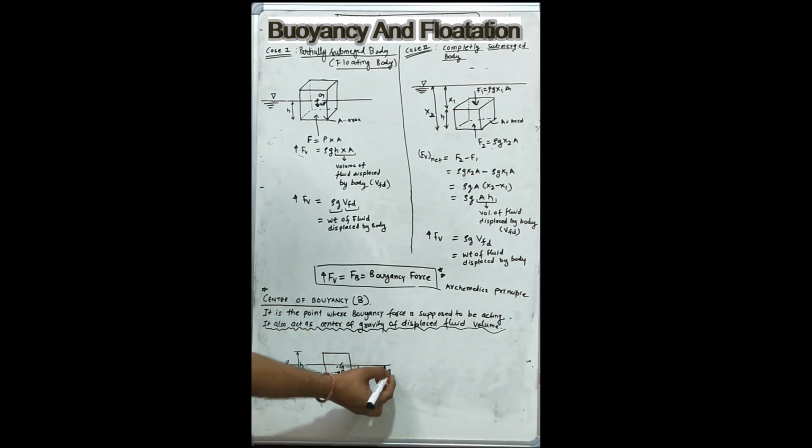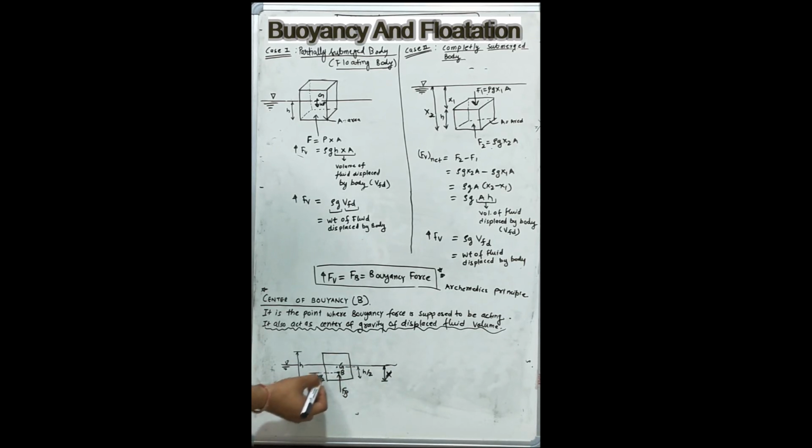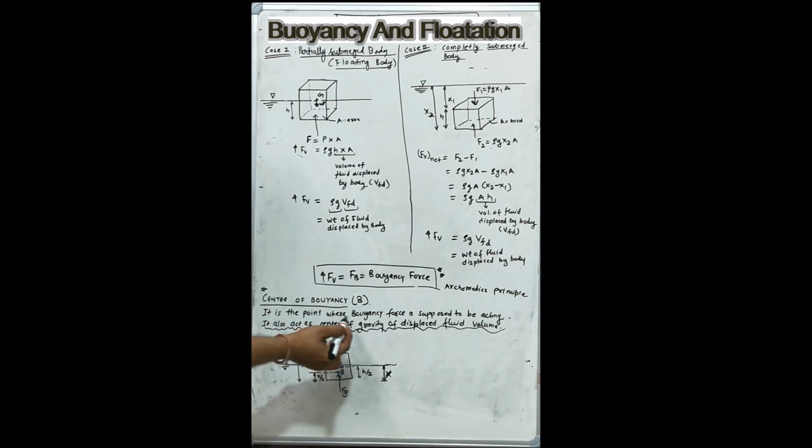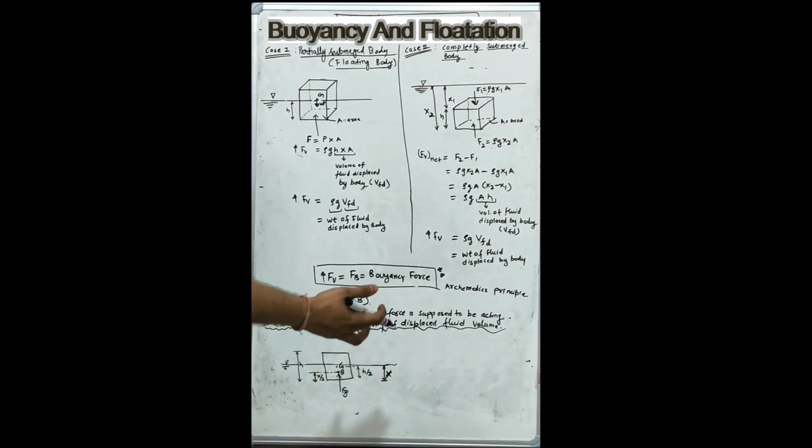Let us consider the body is inside up to the depth x. So the center of buoyancy must be at x by 2 distance from the bottom. So B is the center of buoyancy where the buoyancy force is supposed to be acting, and it also acts as the center of gravity of the displaced fluid volume.